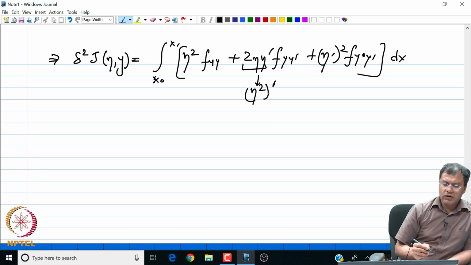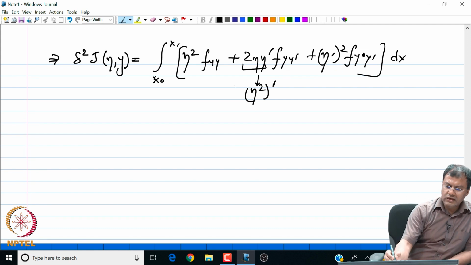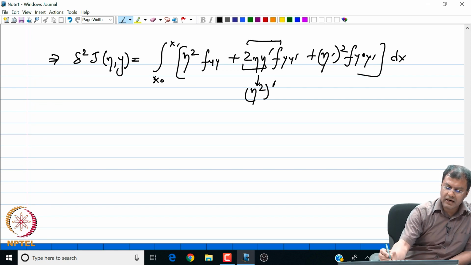So how does it help? Suppose, using this information, we do integration by parts on this underlined quantity.